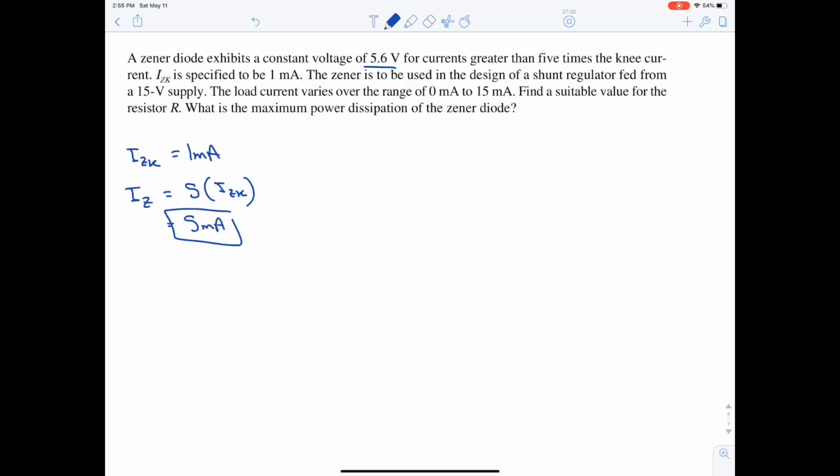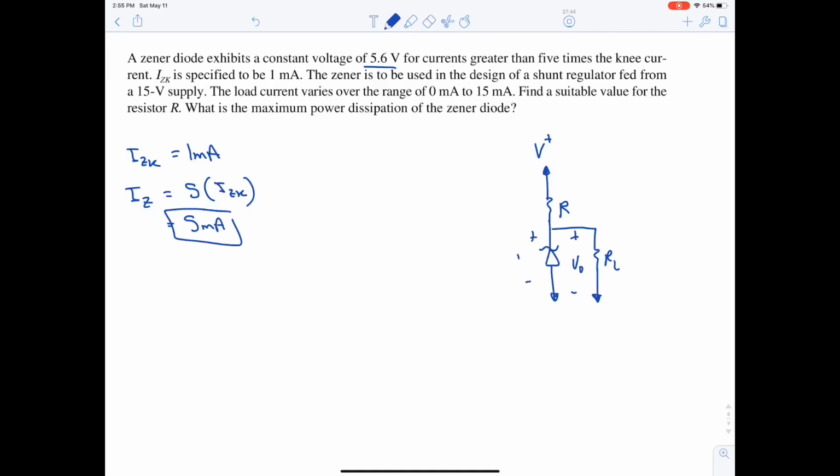The Zener is to be used in the design of a shunt regulator. Shunt regulator is the following: V plus, I'm not sure what is the resistance here, let's keep it R. This is Zener, and this is the load regulator. So this is the design of a shunt regulator.